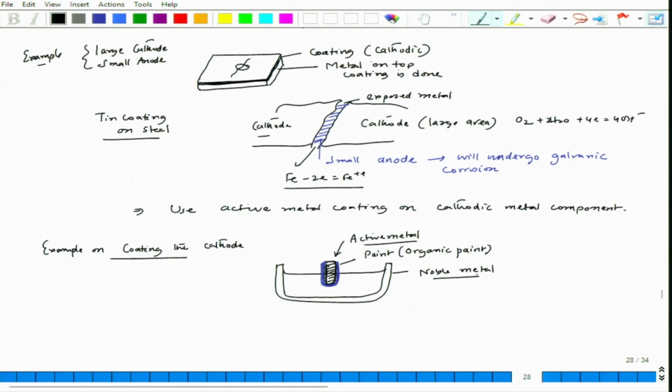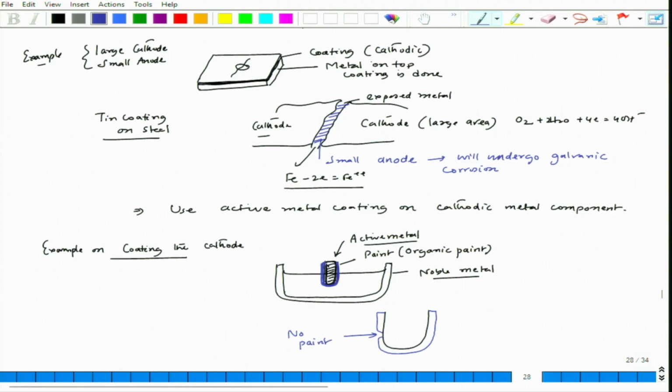Now, interesting part is whenever we have, let us say, organic paint, and by any chance there is a small peel off in that particular paint. So, this is the paint part, a small segment is out. So, this is the out part, no paint.